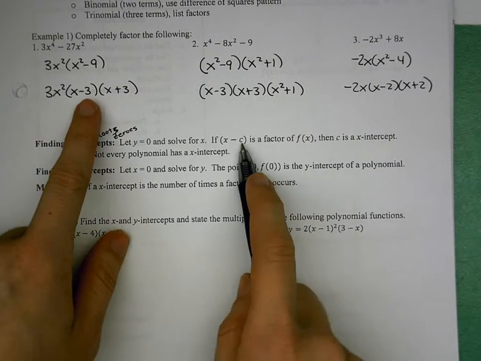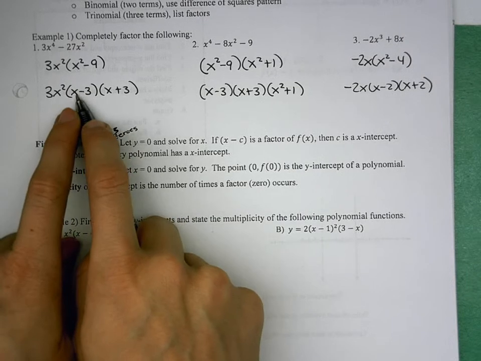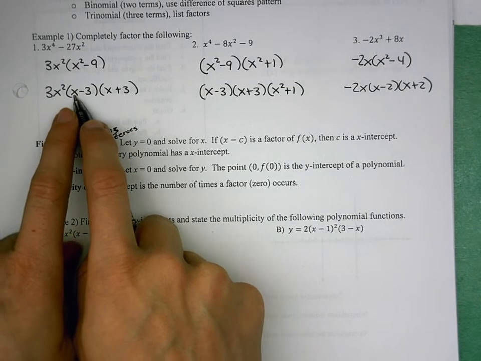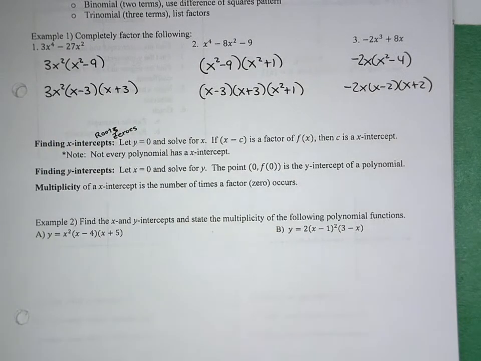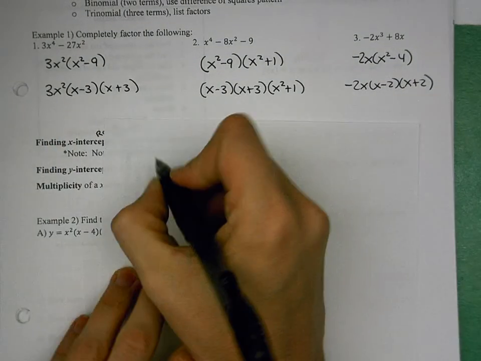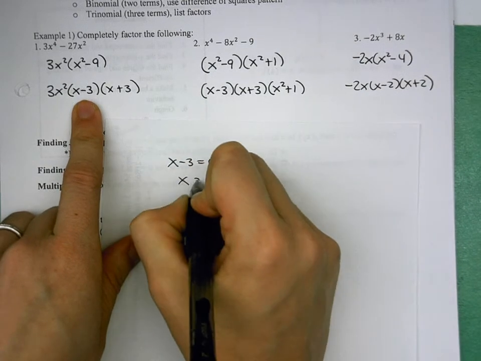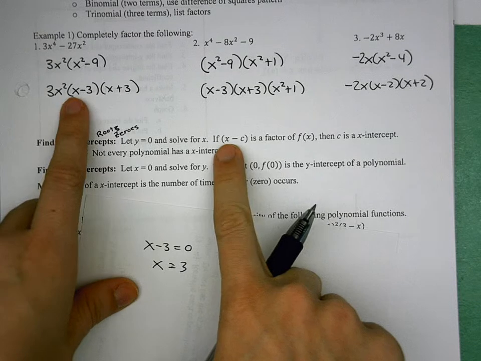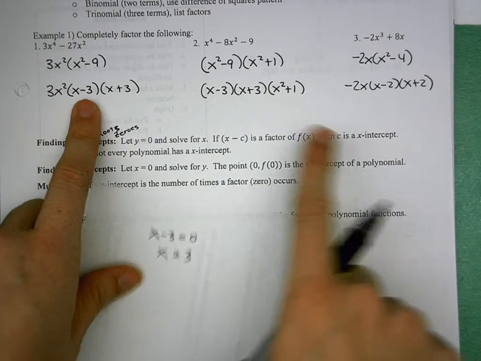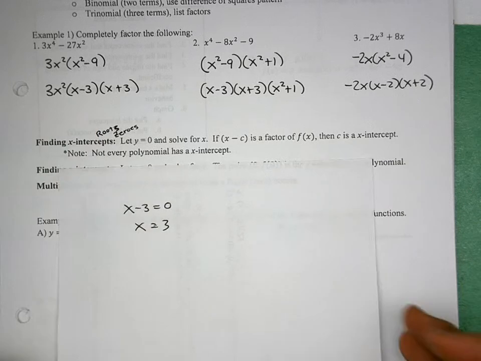So for example, to make this function equal 0, x would need to equal positive 3. Right? If x minus 3 equals 0, adding the 3 over, x would have to equal 3. And so that's what it means when it says x minus c is a factor. C, that number behind the minus, would have to be your x-intercept.